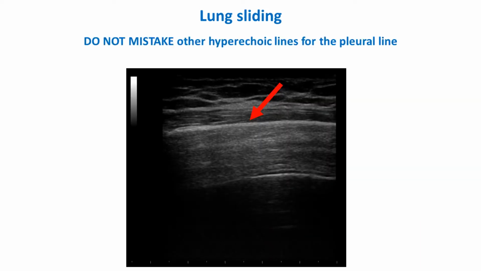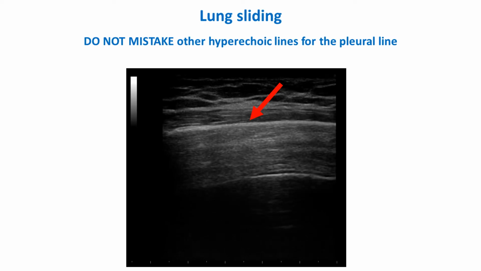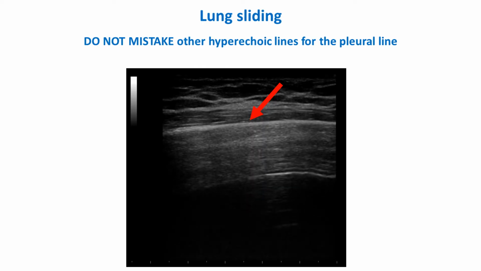It is important not to confuse the pleural line with other hyperechoic lines that are not the pleural line, as in this case, where the red arrow indicates a hyperechoic horizontal line which does not move with respiration and thus is not the pleural line.